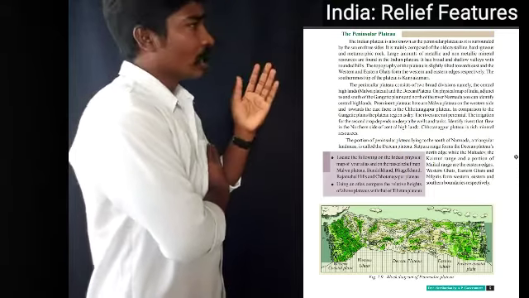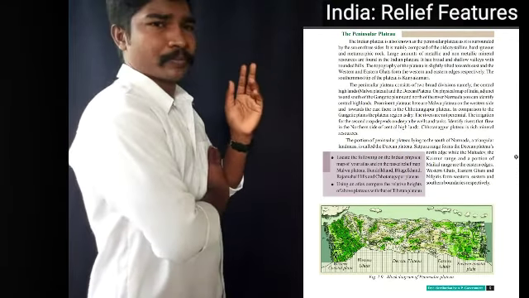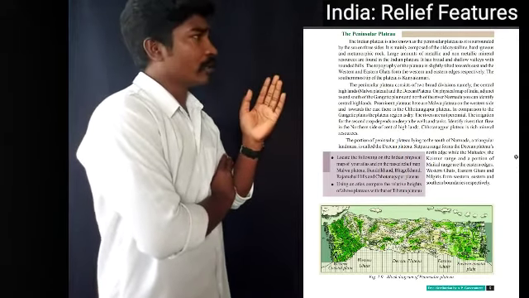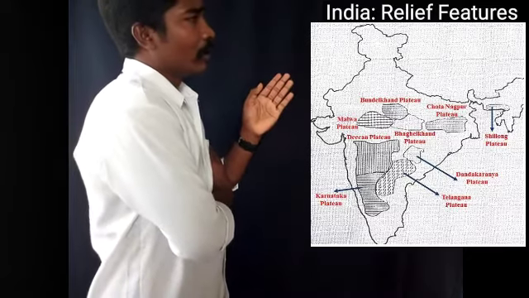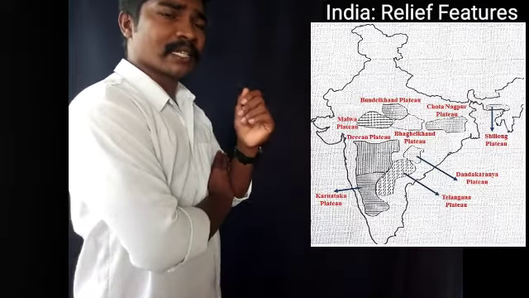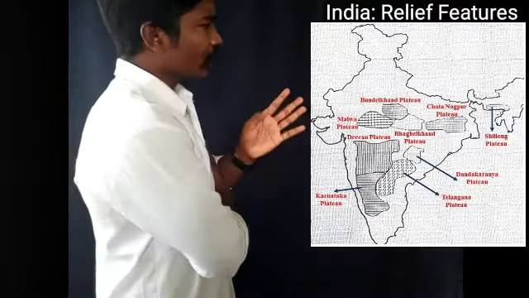Then third we have the peninsular plateau. The peninsular plateau also can be called the Indian plateau. So the Indian plateau is of two major divisions. One is central plateau, consisting of Malwa plateau, Chota Nagpur plateau, Bundelkhand plateau, and Baghelkhand plateau. Then we have the second, the Deccan plateau. In the Deccan plateau, we can see the Western Ghats and Eastern Ghats are located.